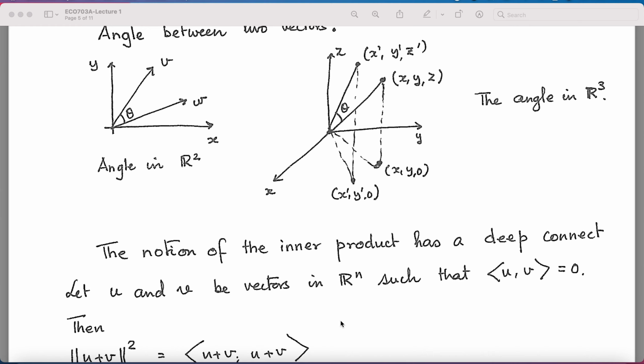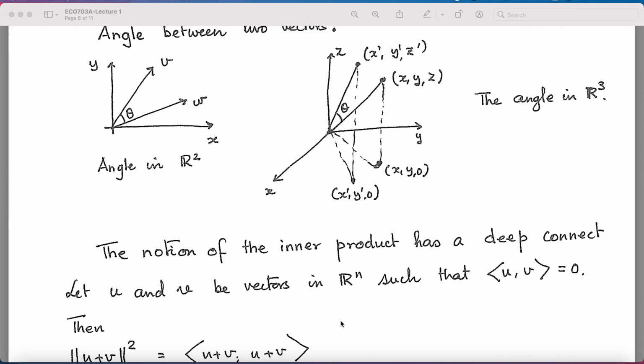So, what would be the inner product? Suppose I have a point with coordinate x, y. That is a vector v. What should I choose as a vector w, so that the product would actually become 0?